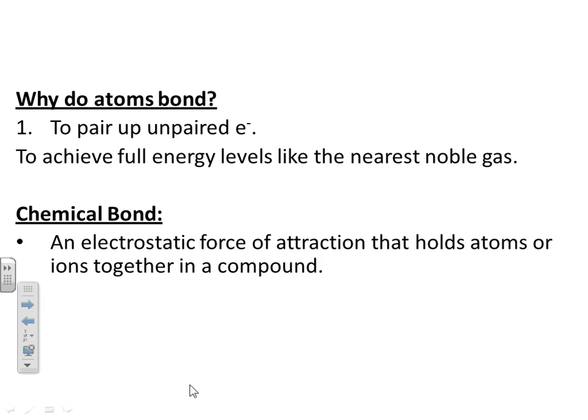They want to achieve a full energy level like the nearest noble gas. We know that noble gases are unreactive. Why? Because they have that full outer shell. And so if an element that doesn't have a full outer shell can gain or share some electrons in order to get a full outer shell, once it does, we say it's stable. It's a stable ion.